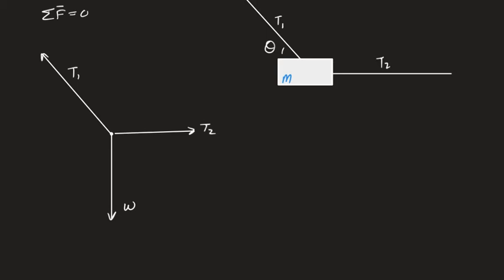T1, its size was based on making sure it pulled up enough to balance the weight. And T2 was drawn ensuring that I balanced the problem left to right. I'm being guided by the fact that this problem is balanced. That's why we chose it. It was Newton's first law, so I need to see balance on the arrows.